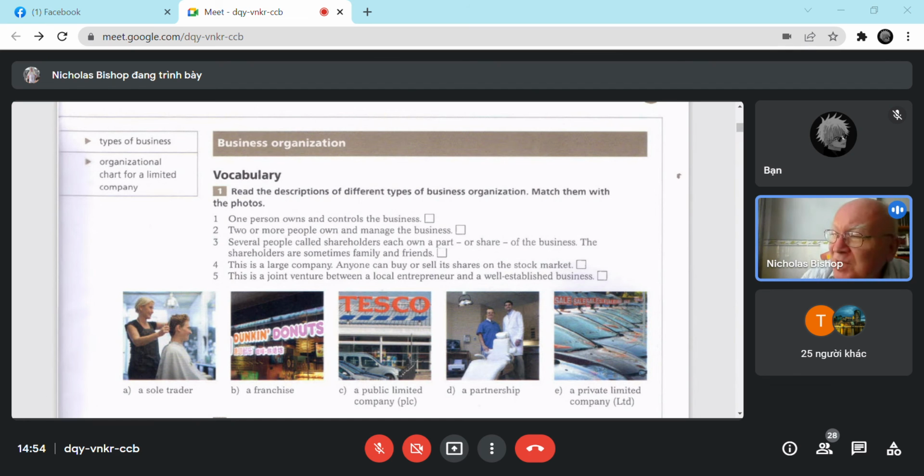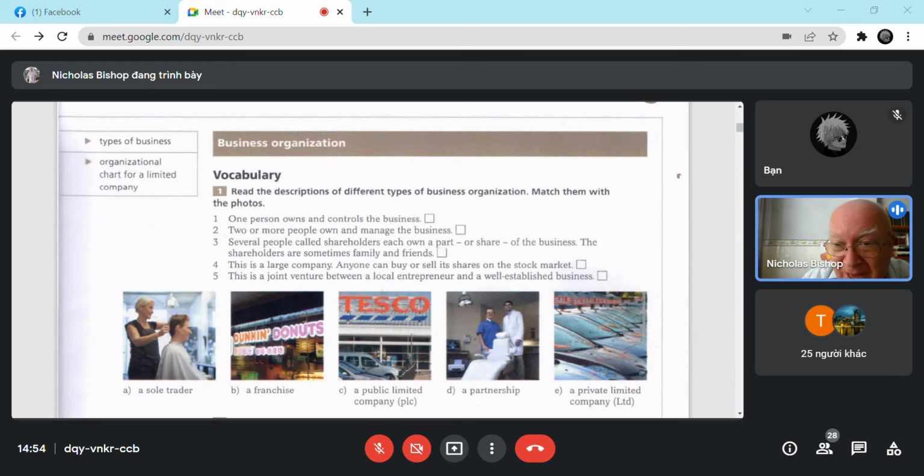What kind of business can you see in the picture? It's the barber shop, the hairdresser. What can we call a person who cuts hair, working at the hairdresser? Yeah, the picture here is a little funny.